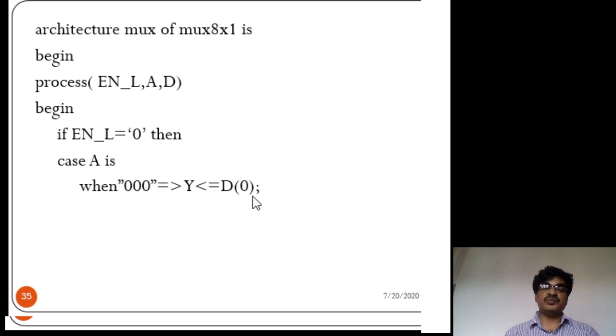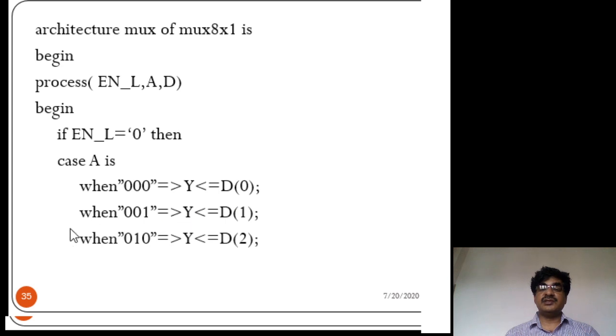That is the D naught input. So D of 0 is assigned to Y. Okay, suppose if the A value is 001, then what is Y? D of 1. Okay, so like that. Then suppose if the A value is 010, the D of 2 value is assigned to Y.